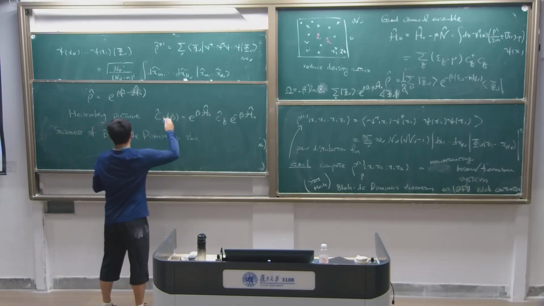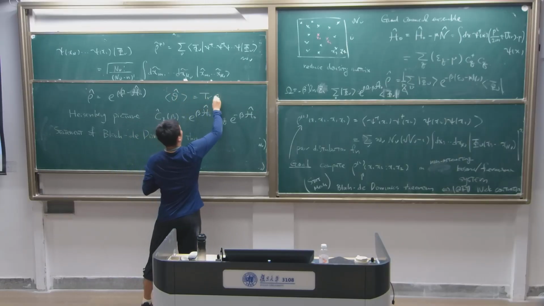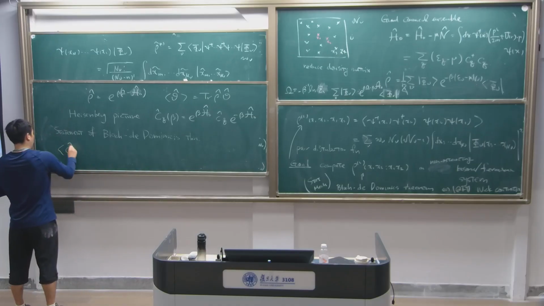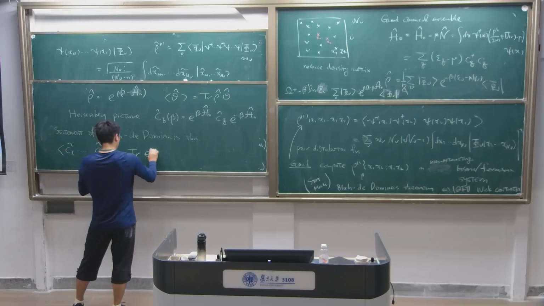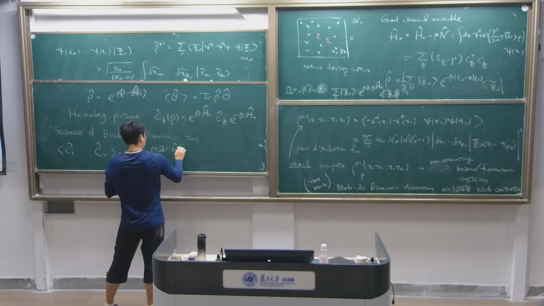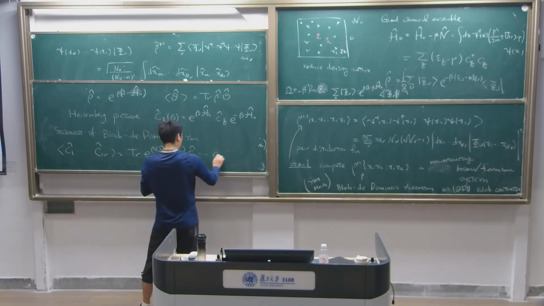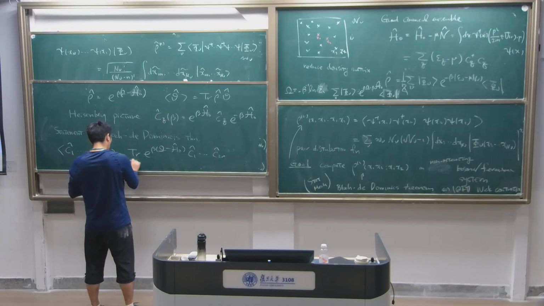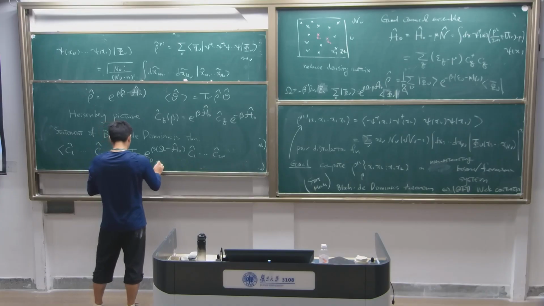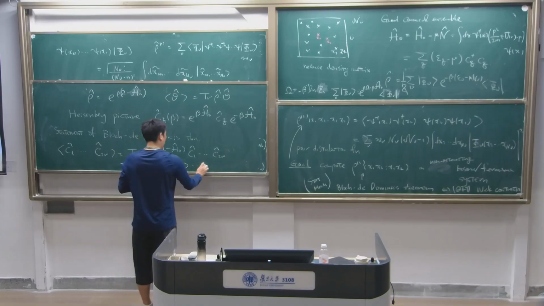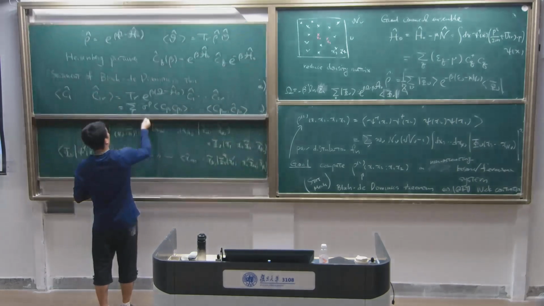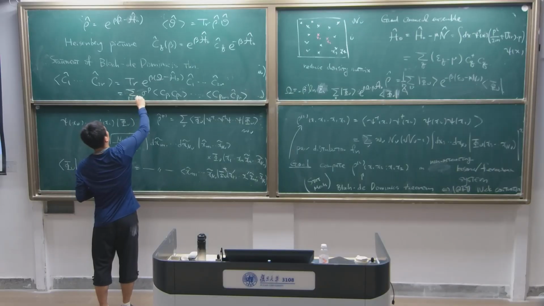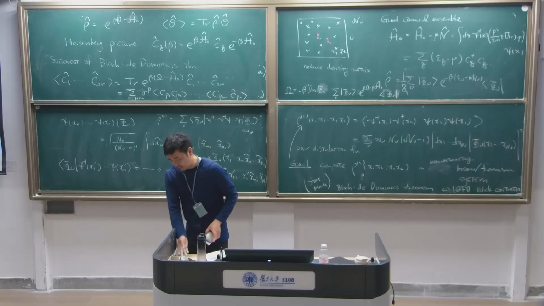If you consider a correlation function, it is the trace of rho hat times the operators, the expectation value. For an even number n, the trace of e to the beta omega minus beta curly H, with C1 through Cn, is given by the sum over all possible contractions. For odd n, it is zero. And P is the permutation, all possible permutations.